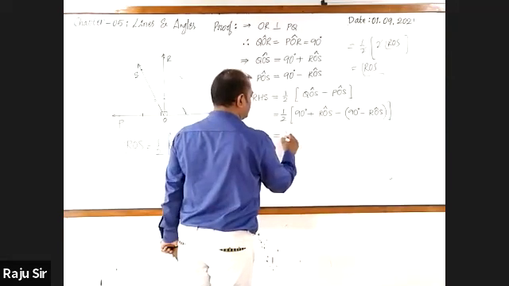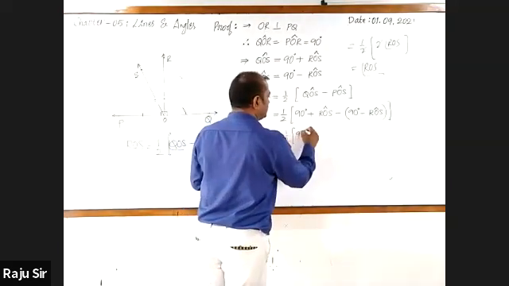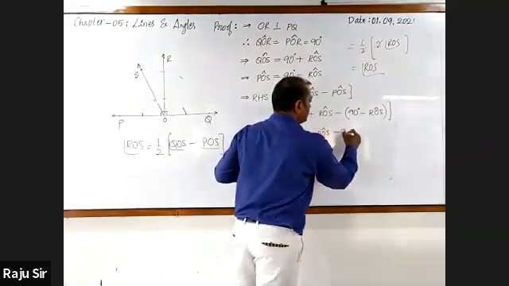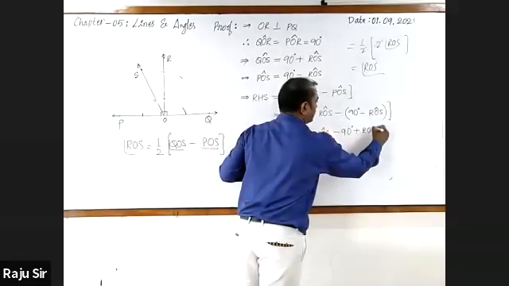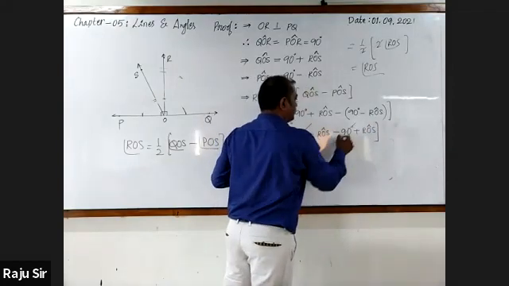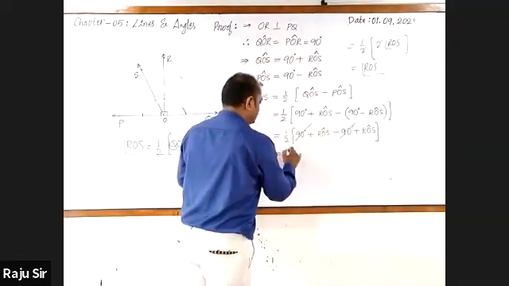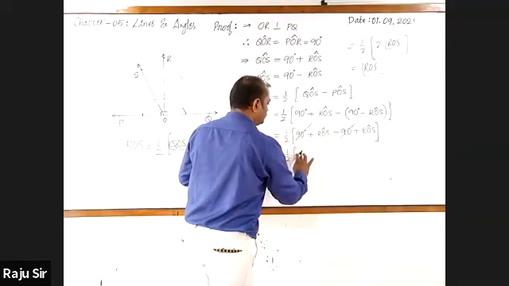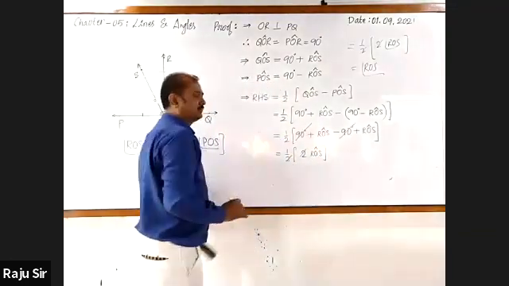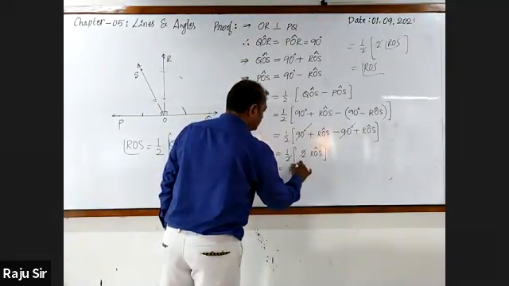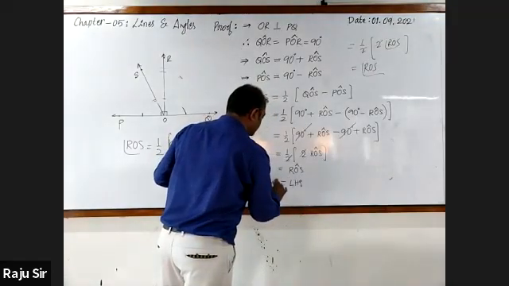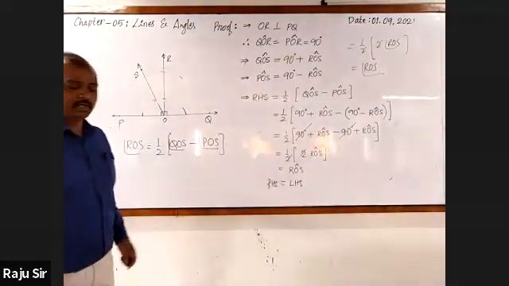This is equal to half into 90 degrees plus angle ROS multiplied by minus 90 degrees plus angle ROS, plus 90 degrees minus 90 degrees is cancelled. It is half into 2 times angle ROS. 2 and 2 get cancelled, which is equal to only angle ROS, which is LHS. So RHS and LHS both are equal. Hence it is proved.